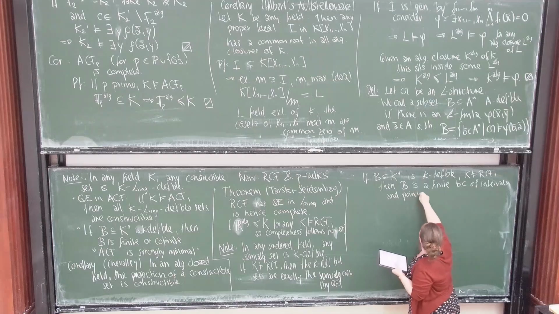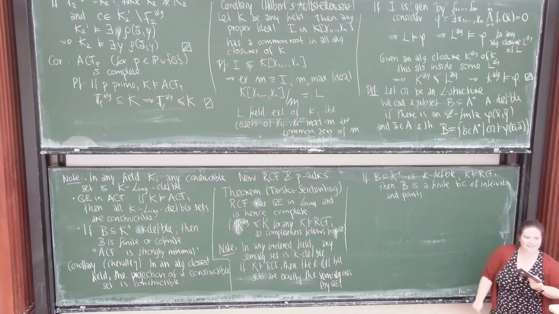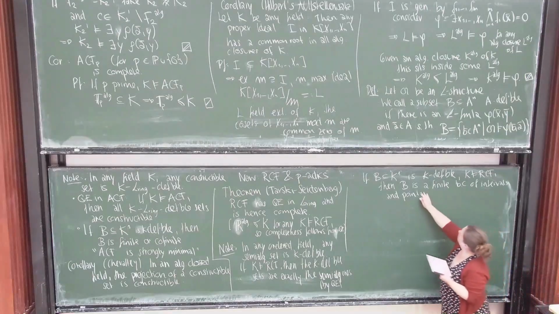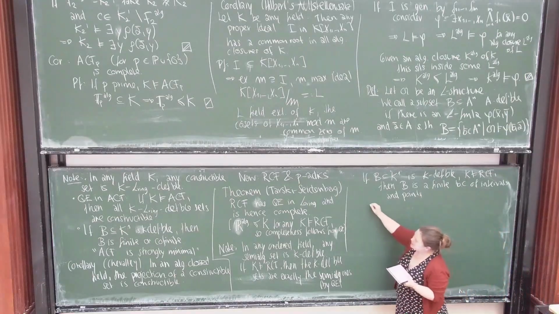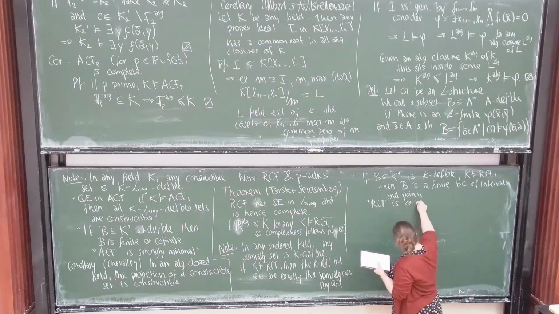That's also a finite union of intervals and points, it's the same thing. And this property is called O-minimality. RCF is O-minimal.